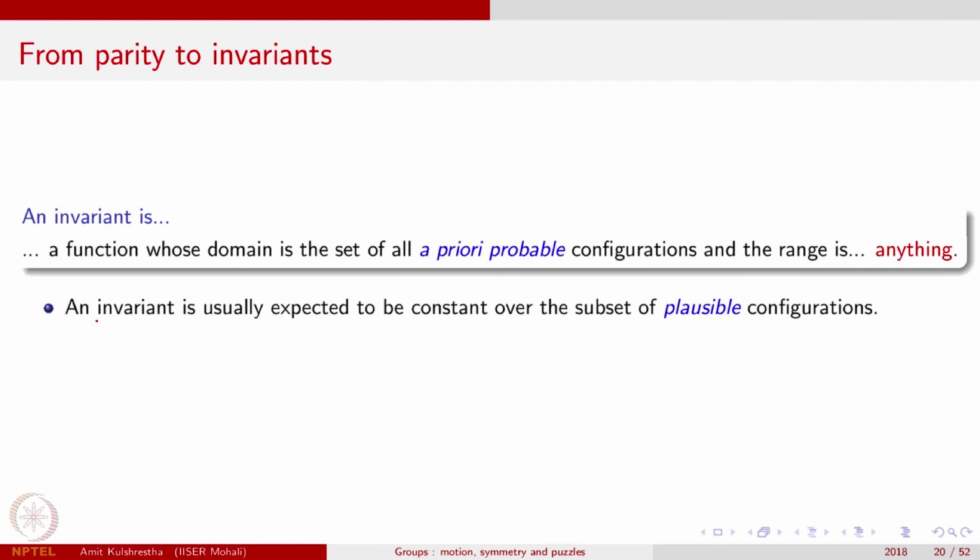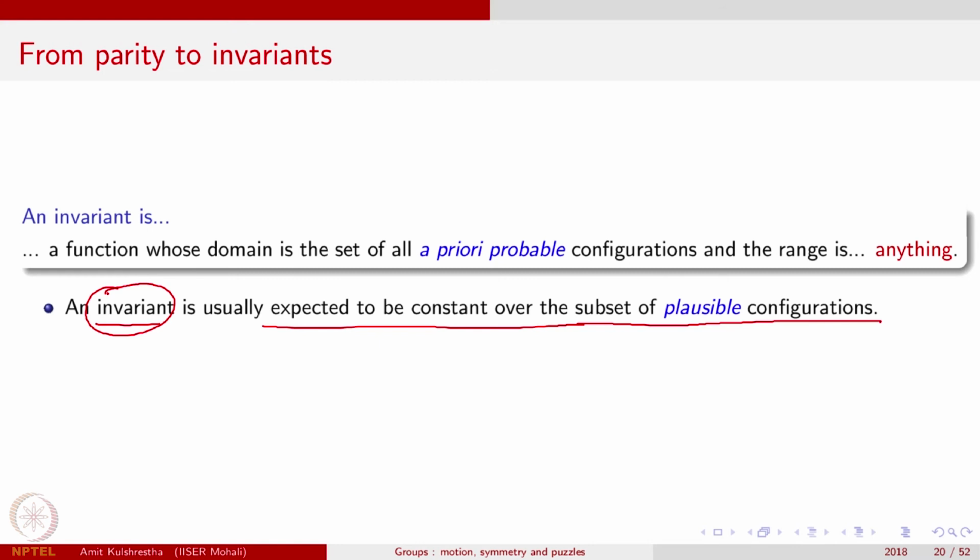So as I said, an invariant is expected to be constant over the subset of plausible configurations. So if a game is being played, and all the plausible configurations are arriving, and it's an invariant, then a certain thing is constant, some parity is constant.